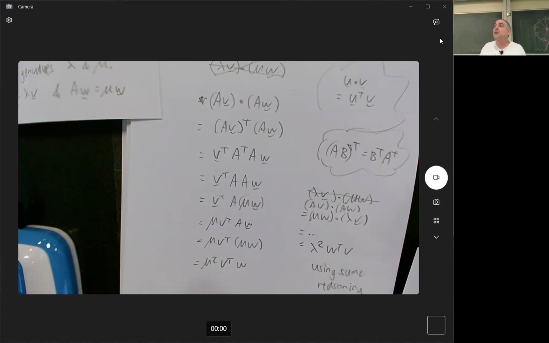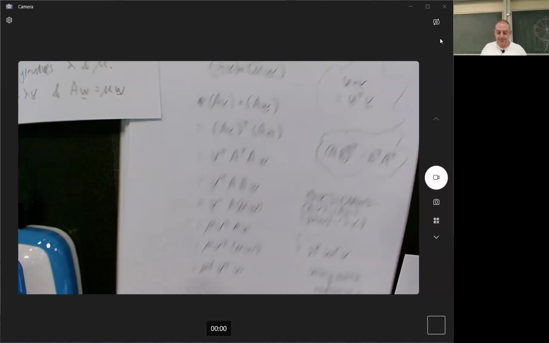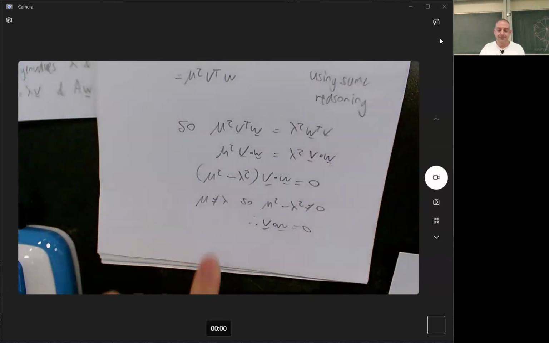We could propose, if there is a mu squared minus lambda squared, that the results can be different instead. You're right. What if one was minus the other? Ooh.